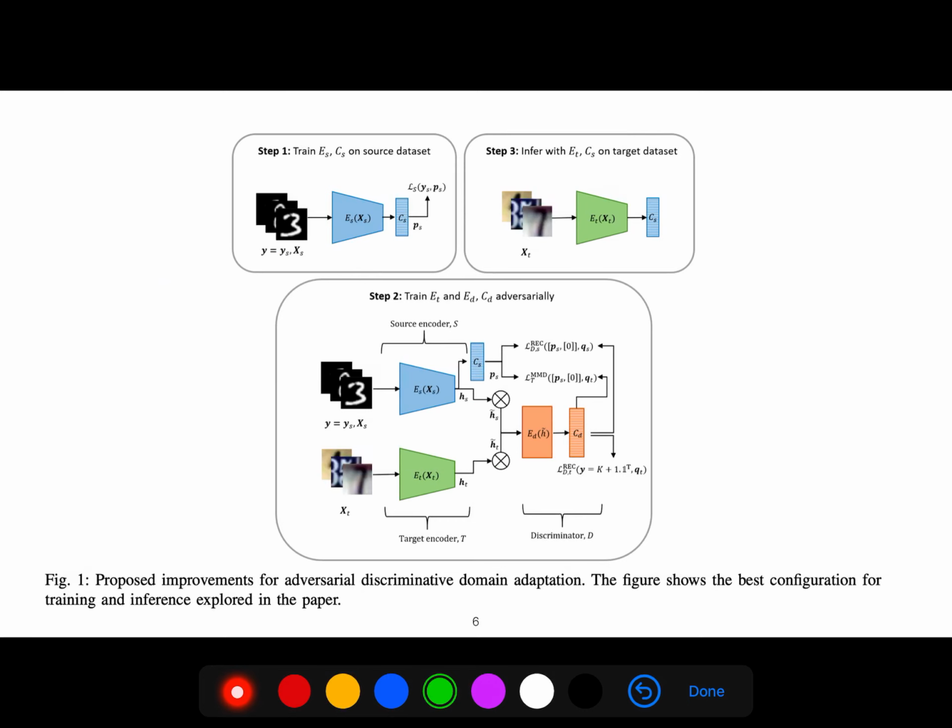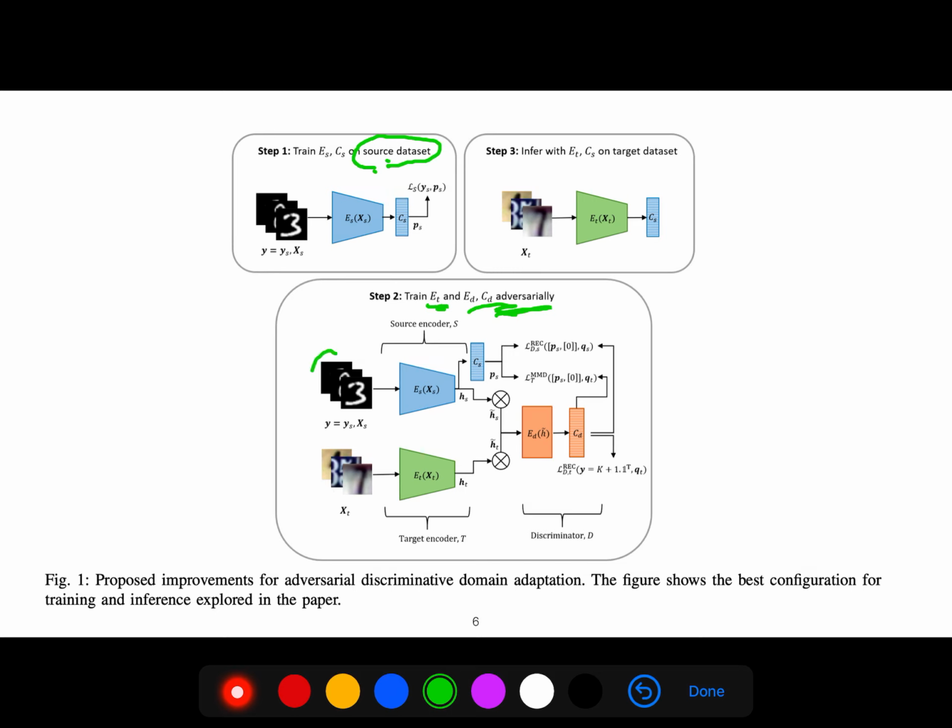So you see the figure shows the best configuration for training and inference explored in the paper. In step 1, we train on the source dataset only. After that, we train the target and source domains adversarially, so we can remove the problem of domain shift between source and target domains.